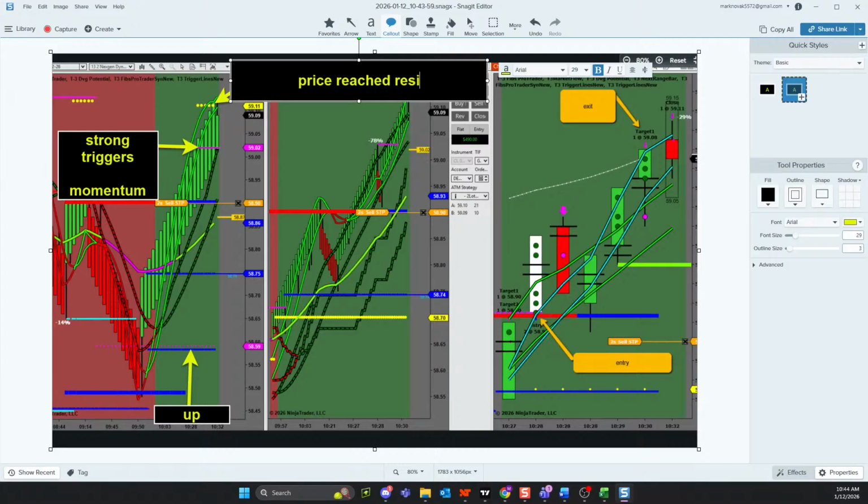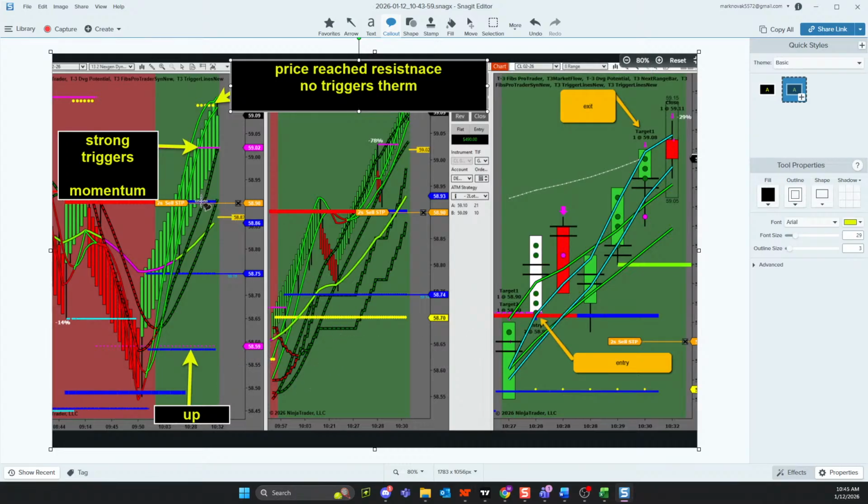Price reached resistance. No triggers through. That's a term. I'm trying to figure out what you did. Because I saw the sell stop and I thought you were trying to go short. Are you trying to go short? Or was that just your stop in place?